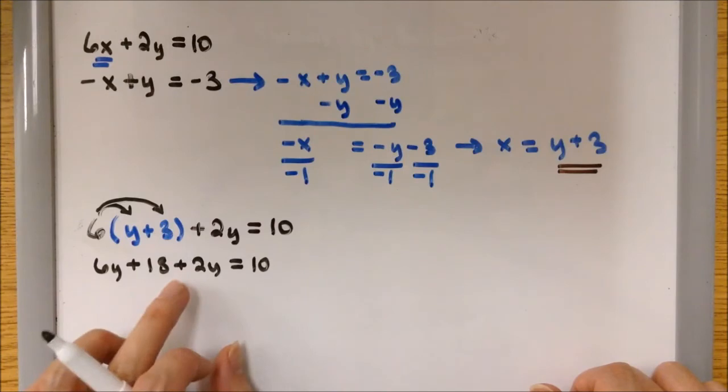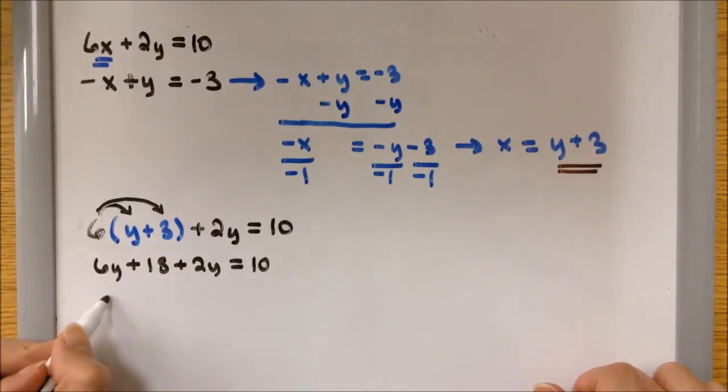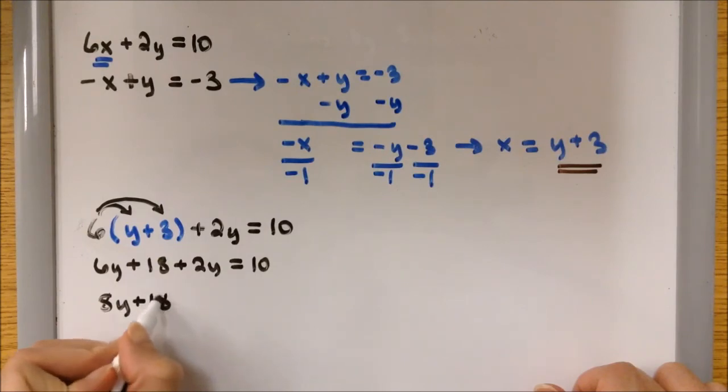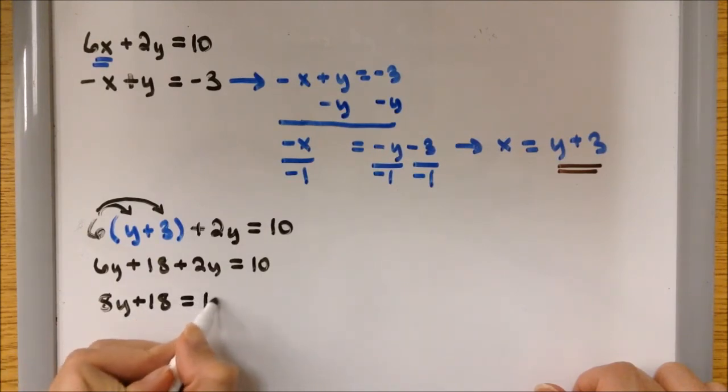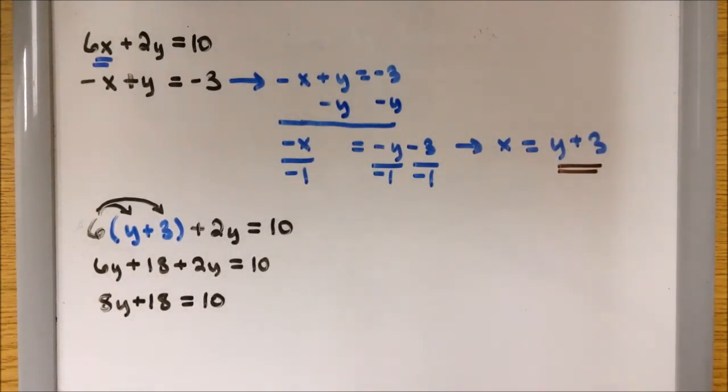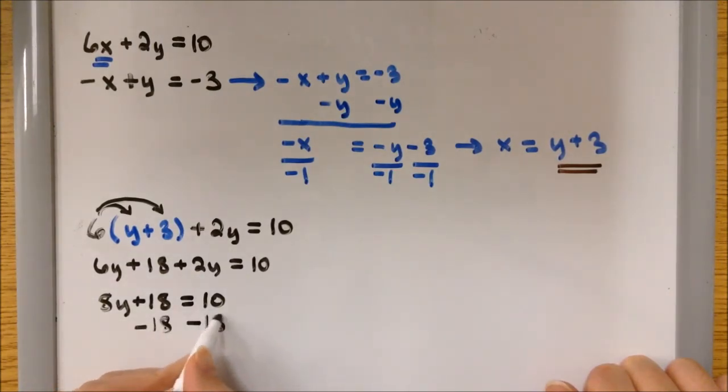So 6y plus 2y will be 8y plus 18 equal to 10. Now if I'm solving for y, I need to get 8y by itself. I need to cancel out the plus 18. The opposite will be minus 18 on the left, therefore minus 18 on the right.